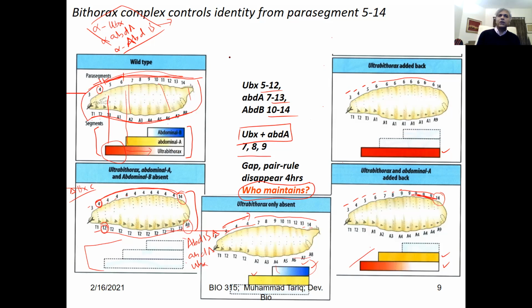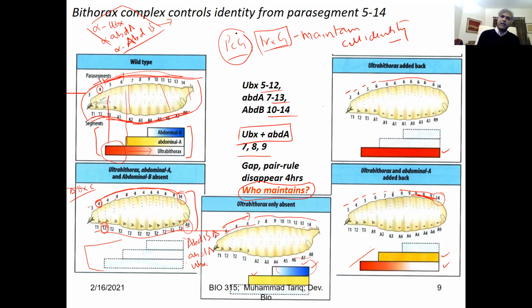this is what I told you, polycomb group and trithorax group. They are the last in this cascade of gene expression. They then maintain the cell identity. I explained to you how they maintain. So UBX will be maintained on in these segments by the trithorax group action, and it will be maintained in the off state wherever UBX needs to be off.